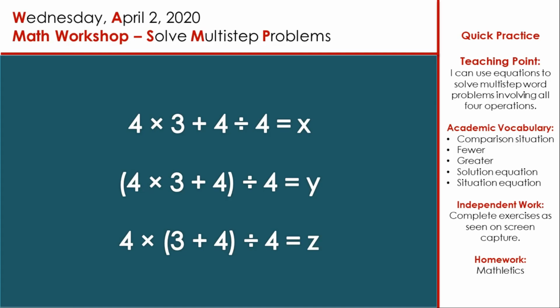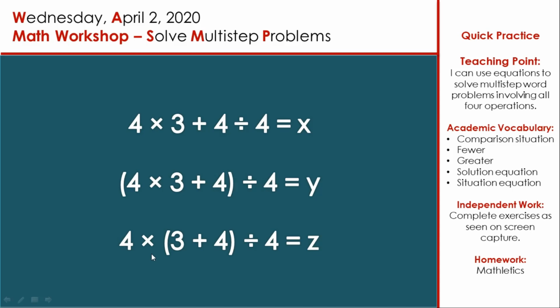So which one am I supposed to solve first? I'm supposed to solve the multiplication first. And then that result is going to be added to 4 because that's the order that I'm supposed to follow using the PEMDAS rule. After all of that is solved, I'm going to divide this by 4.